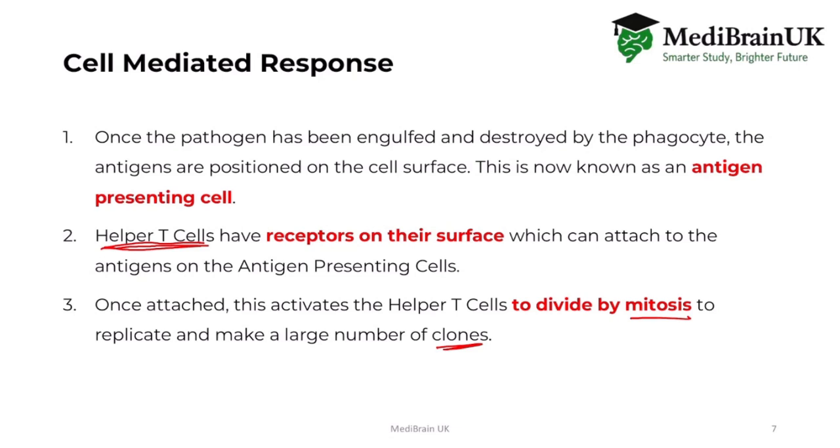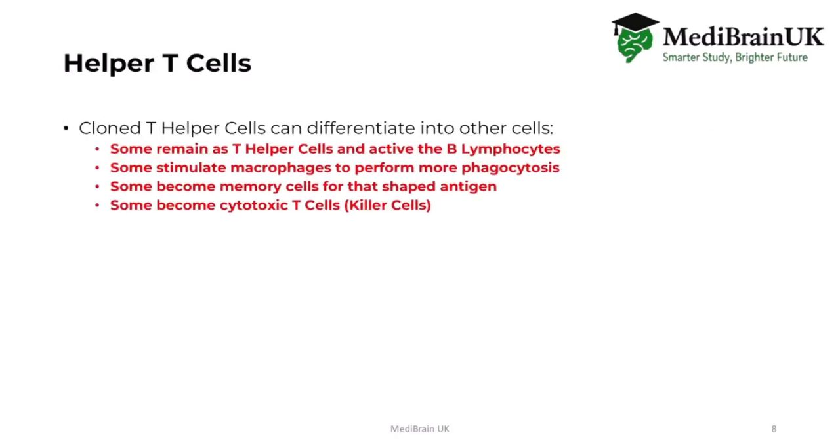Now, once they've produced all of these clones, there are many different functions that these helper T cells can give the cells that have divided. It can give different roles to different cells. So what can happen is that differentiation can occur.